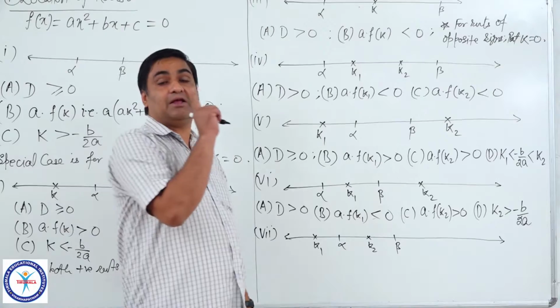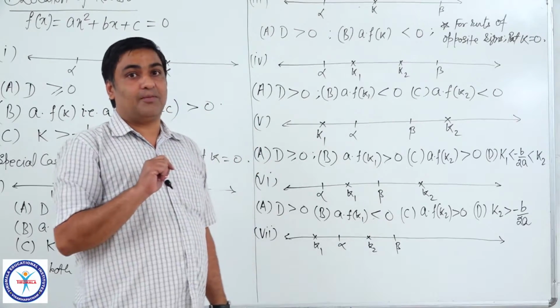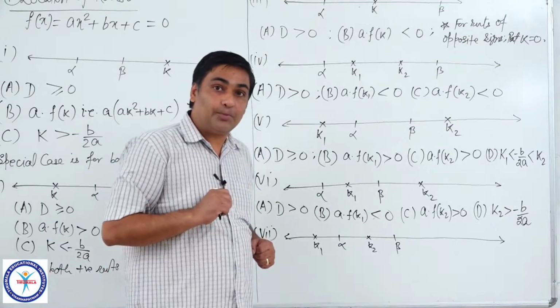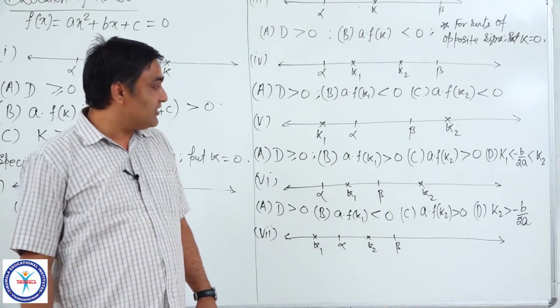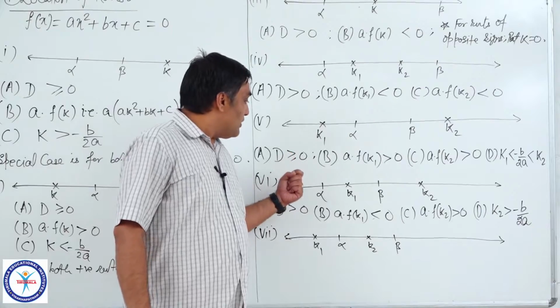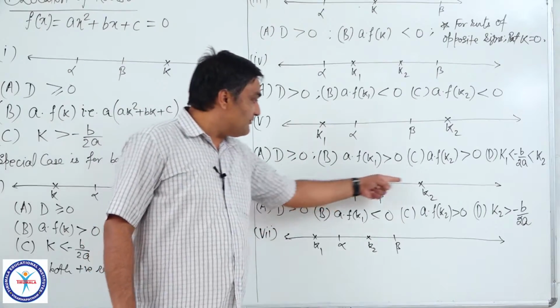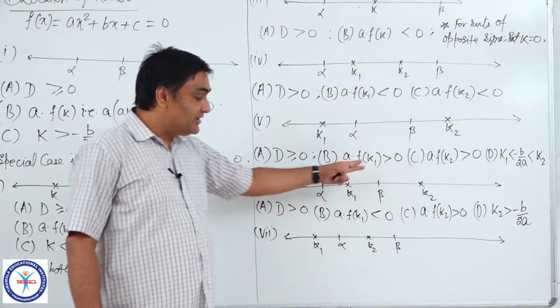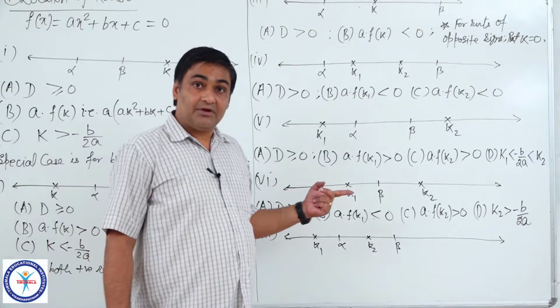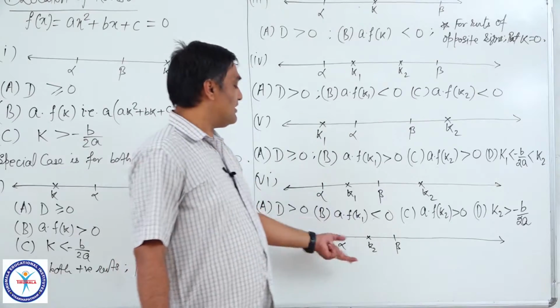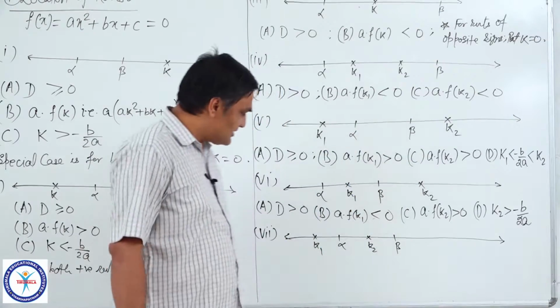One root in the interval 5 comma 7 and the other is greater than 7. Here we can say that one root is in k1 k2 and the other is greater than k2, like this.